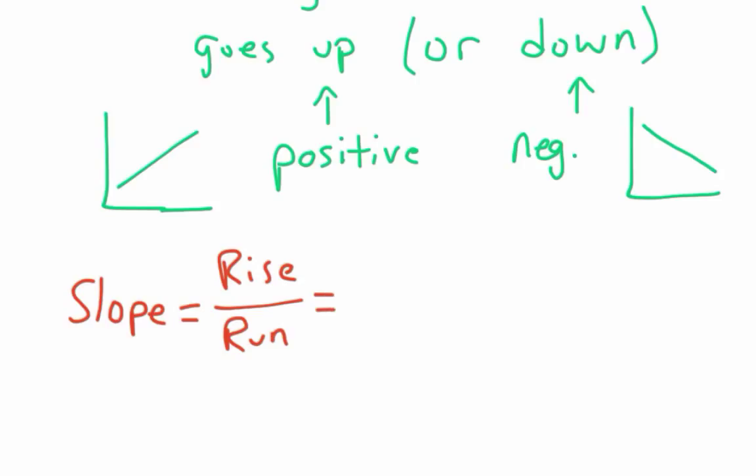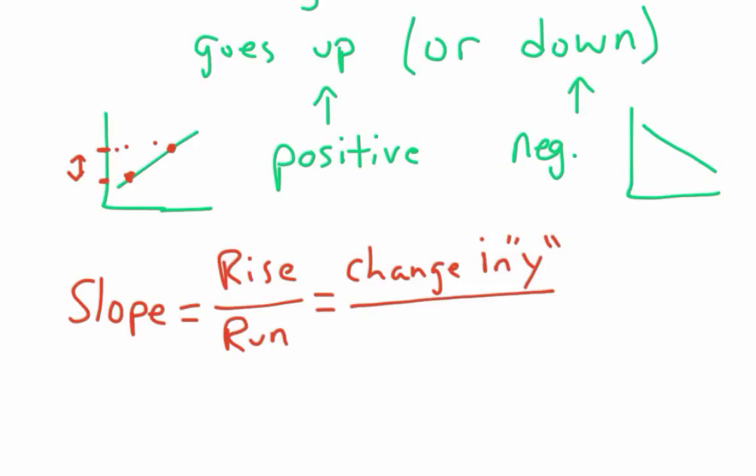The rise, if I look at a couple points on this graph and figure out how much it rises between those 2 points, we're really saying how much does it go up, or what's the change in the y values. My first point had a y value there, my second point has a y value there. We're saying, what's the difference? So the rise is really just the change in y.